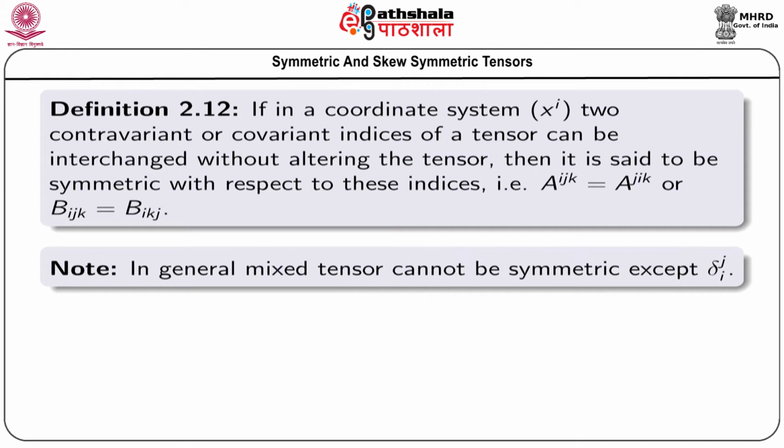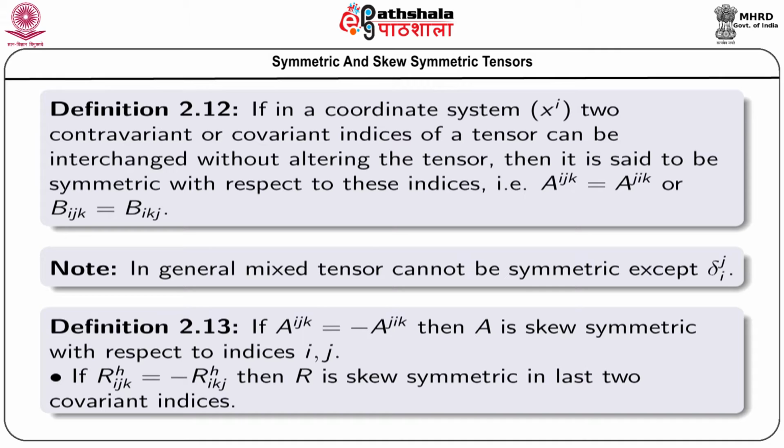In general, a mixed tensor cannot be symmetric except delta ij or delta ji, which are mixed tensors of type 1 1. For a skew symmetric tensor, the components occur with a negative sign when we change the index.